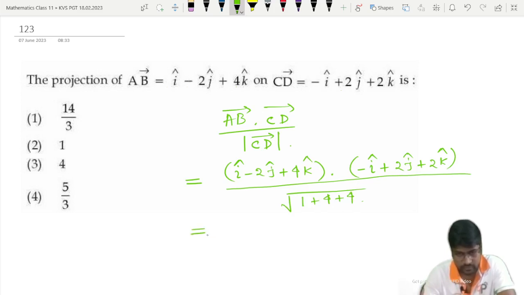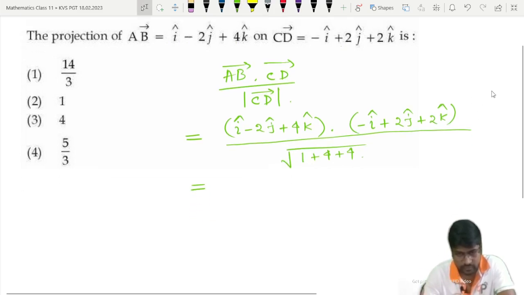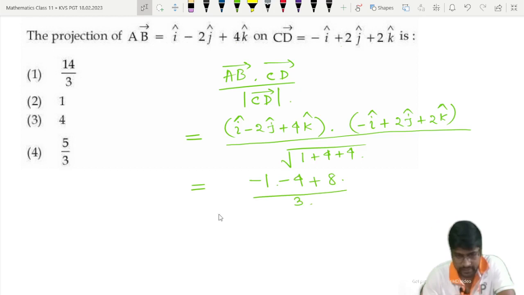Is it clear up to that? Hope it is clear to everyone. So we will get in the numerator minus 1 minus 4 plus 8, and in the denominator we will get 3. So minus 5 and plus 8 means 3, divided by 3, that is equal to 1.